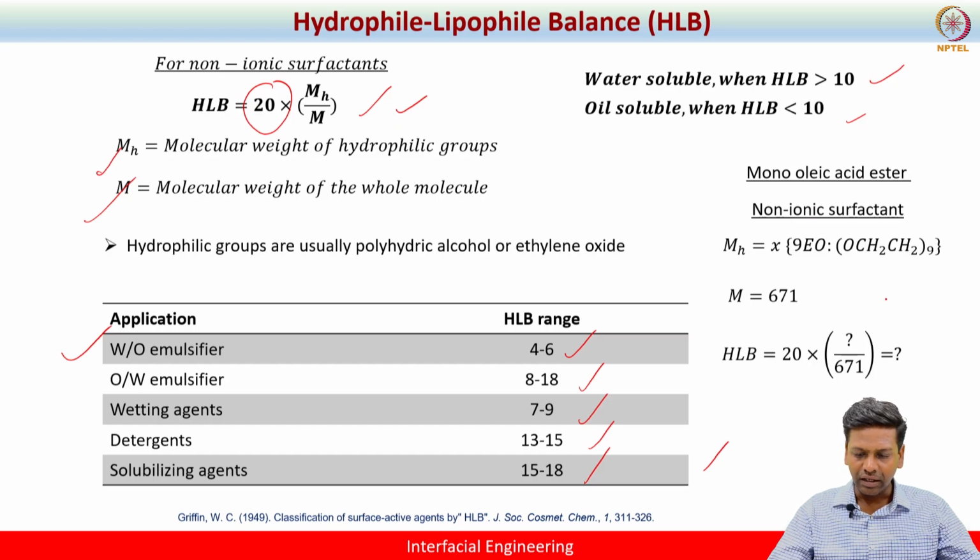So I have given one example for you to do this exercise. I will show the answer also at the bottom. You can see that this is a mono-oleic acid ester type of non-ionic surfactant. Here you can identify that this ethylene oxide is the hydrophilic group, and the rest is the backbone, which is hydrophobic.